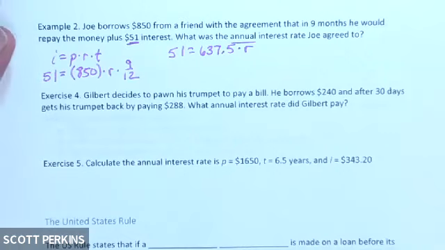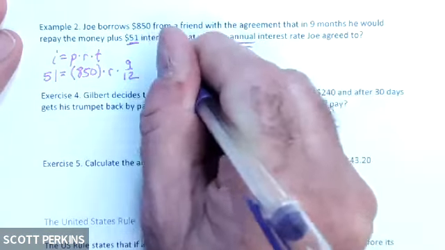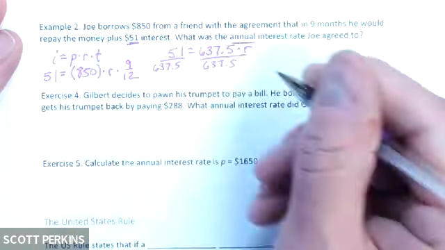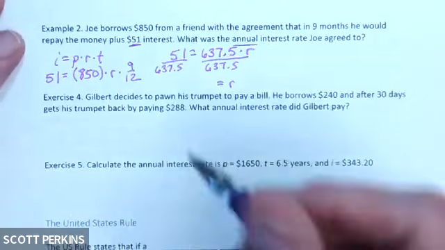I'm going to divide. So R is 51 divided by 637.5, which turns out to be 0.08.